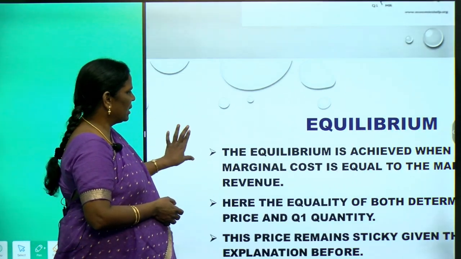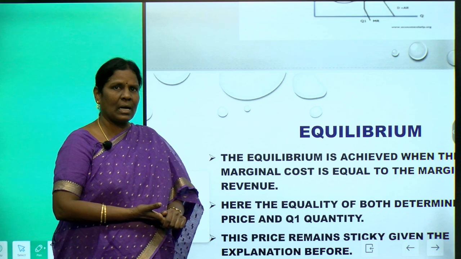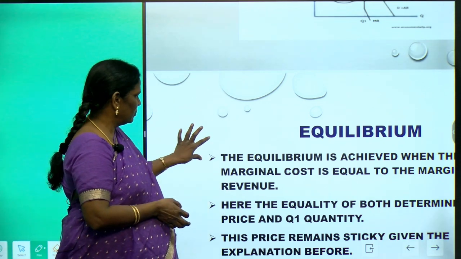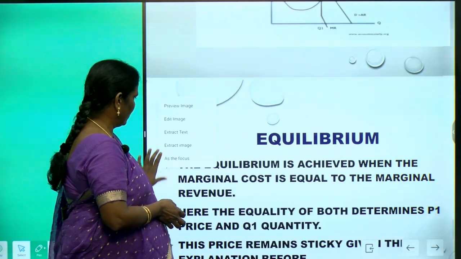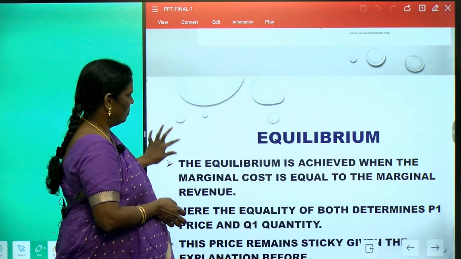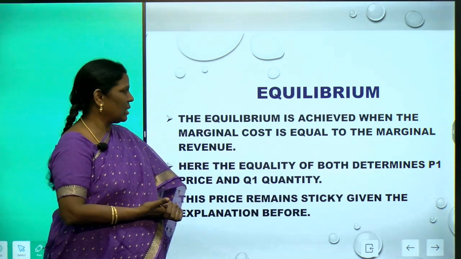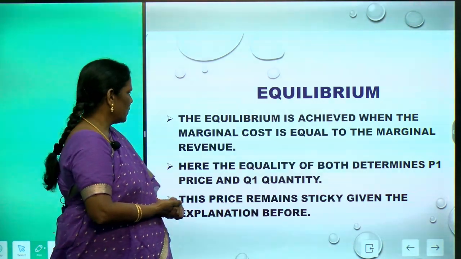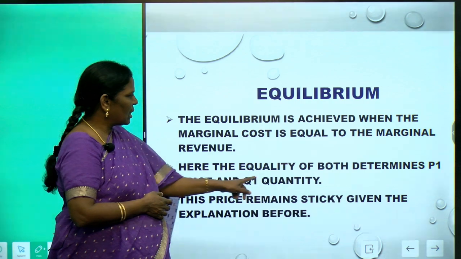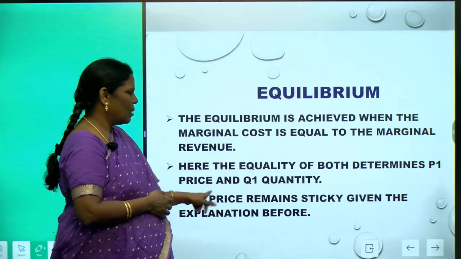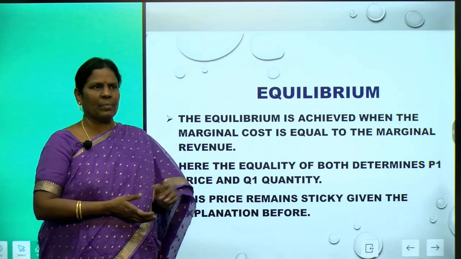See, the equilibrium is achieved when the marginal cost MC curve is equal to the MR curve, or MC equals MR. You know very well this is the condition for equilibrium, and here the equality of both determines price and quantity, and finally the price sticks at one particular price.